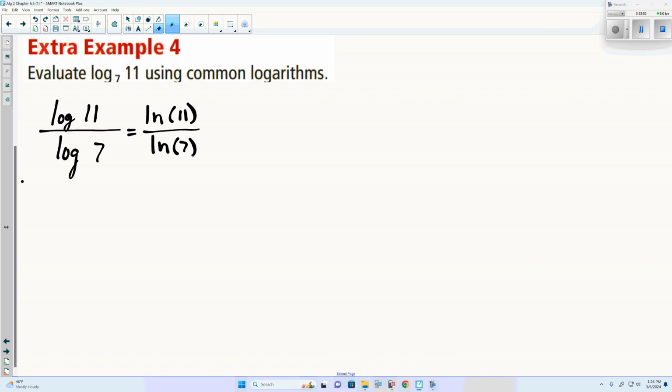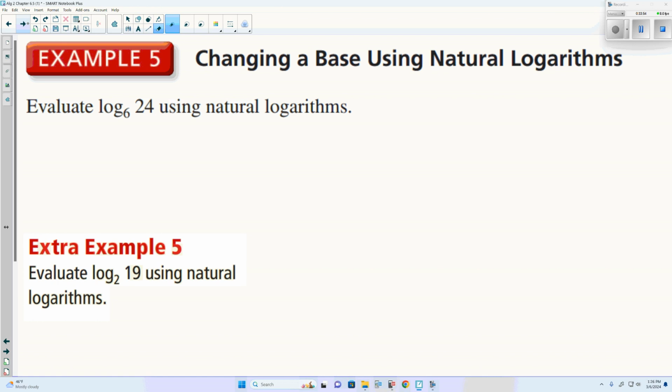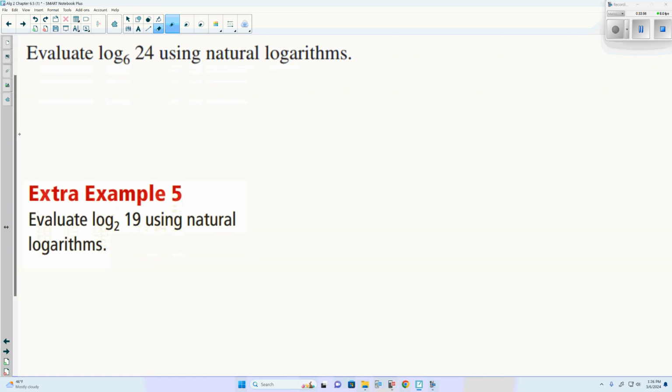Questions on this one here? So how would we rewrite log base 6 of 24? Log of 24 over log of 6, which is the same as natural log of 24 over natural log of 6.